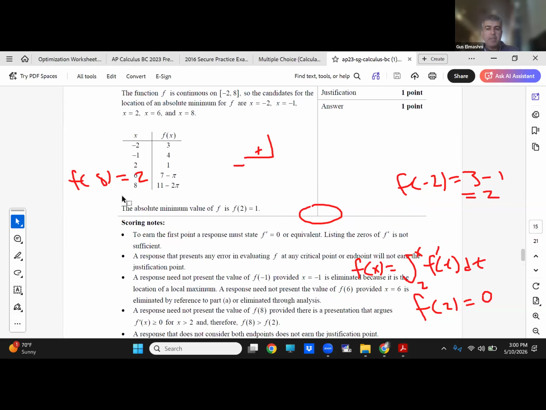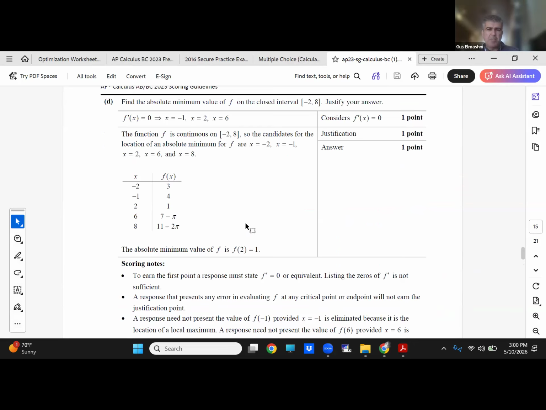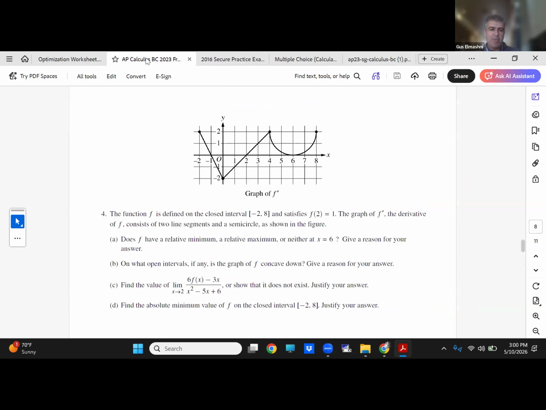Yep. They did test the other candidates out. I don't think they test them all. Yeah, f of 2 is 1. I got lazy. I didn't feel like doing the circle. But if you think about it, you have a rectangle minus a semicircle to get this little portion here. The rectangle is 4 times 2, which is 8.